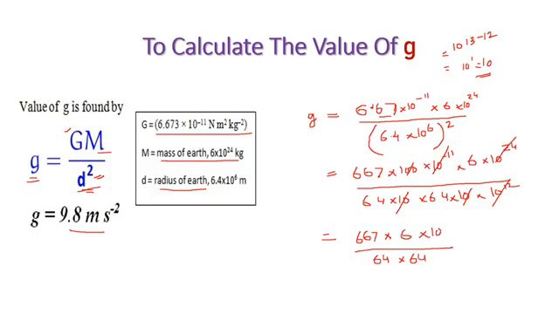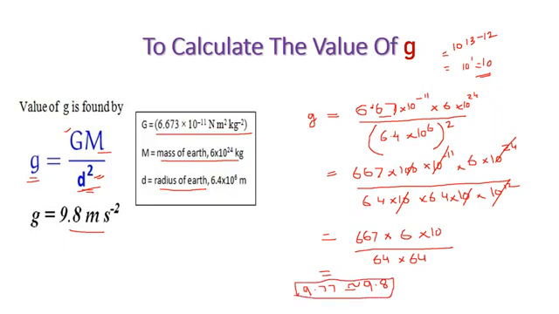When you solve this whole thing, you will get 9.77, which is approximately 9.8. This is the value you are going to get at the end.